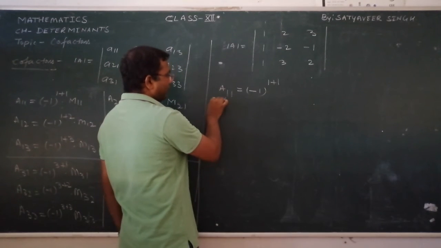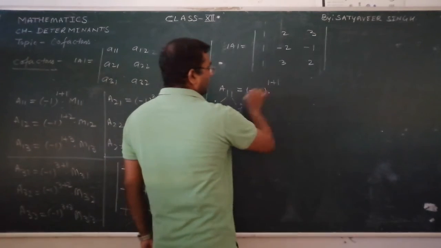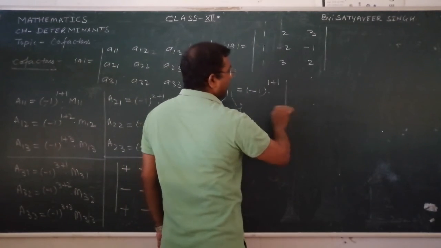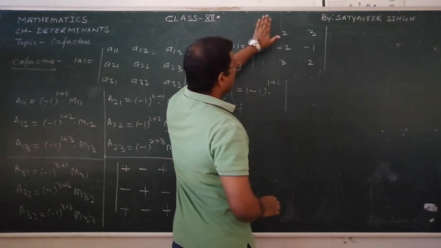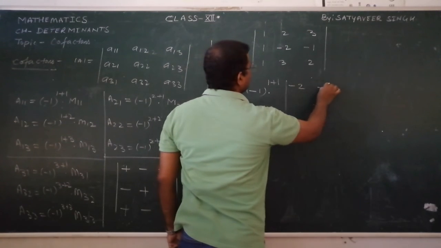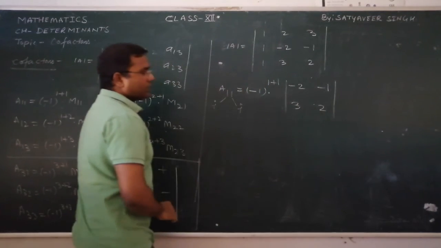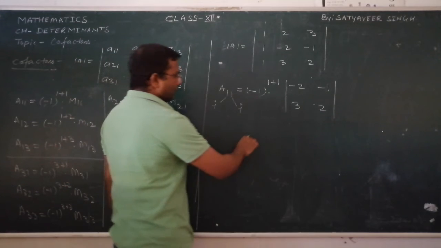This is the value of i, this is the value of j, into the minor. Minor means if you hide the first row and first column, then the remaining elements: minus 2, minus 1, 3 and 2. You will write like this and this you will further solve.